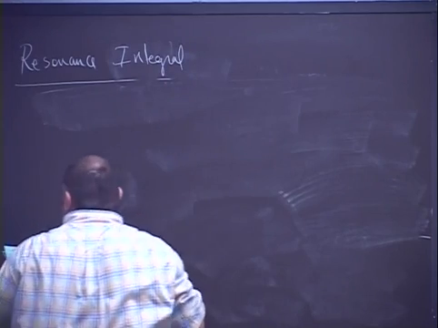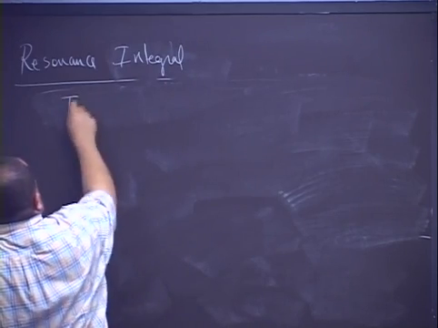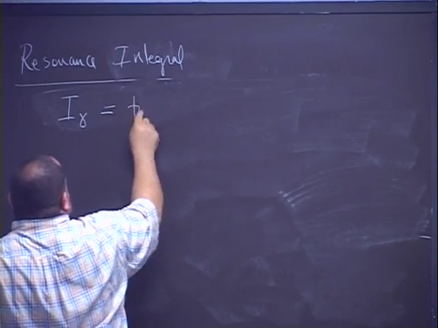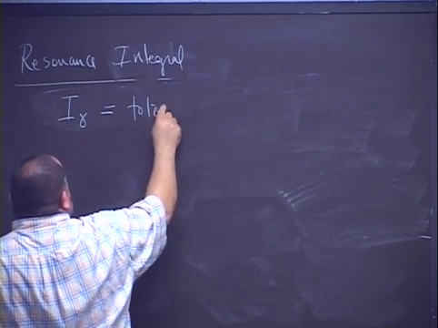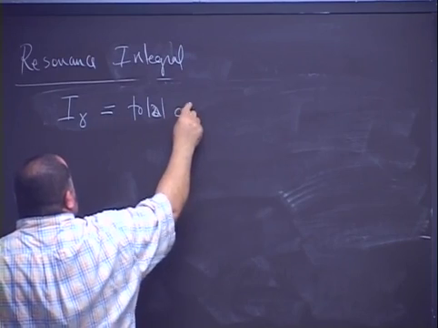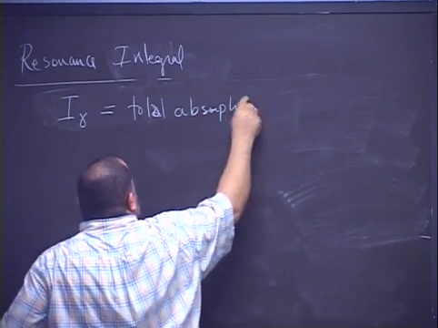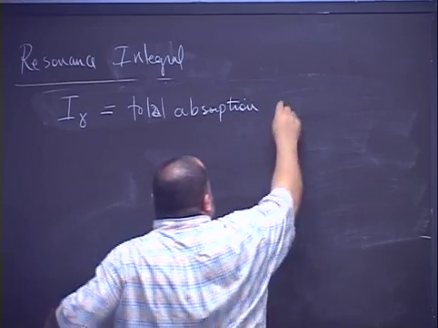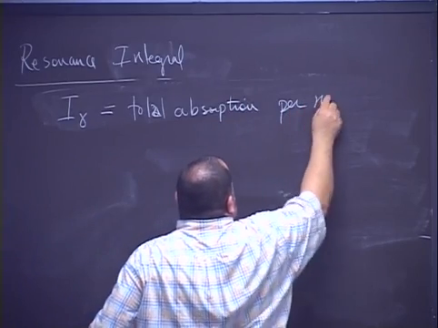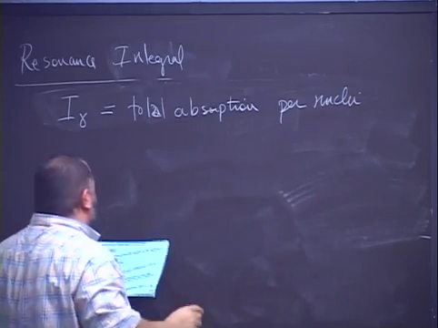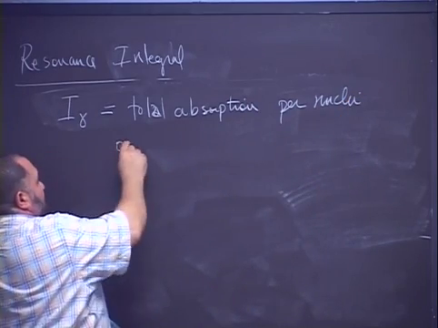So the resonance integral is just defined as I gamma, and this is just the total absorption per nuclei of the resonance absorber.